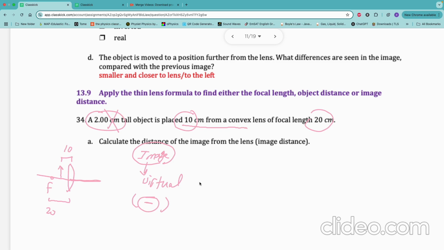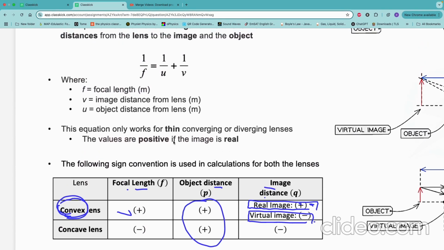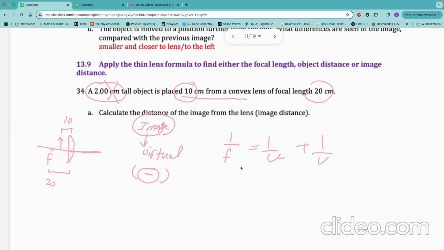Now, let's go to apply the formula. Our formula is 1 over f is equal to 1 over u plus 1 over v. What is f? F shows focal length, u shows object distance, v for the image. Going to substitute 1 over f. Focal length is 20 and convex, so it's positive 20.